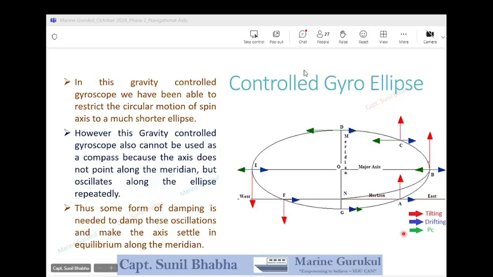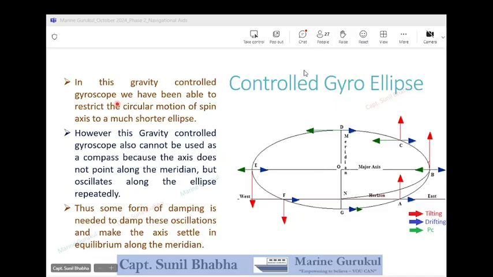As soon as you leave it, it is going to come back to this elliptical motion. So this is now called a gravity controlled gyroscope. In short, it is also called a controlled gyro. So in this gravity controlled gyroscope, we have been able to restrict the circular motion of the spin axis to a much shorter ellipse.